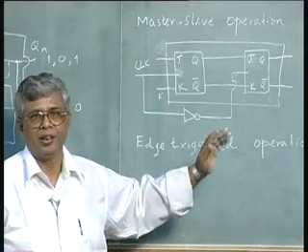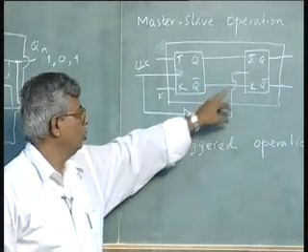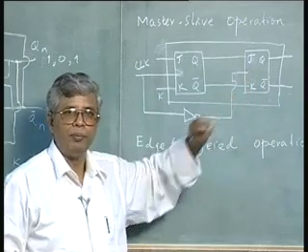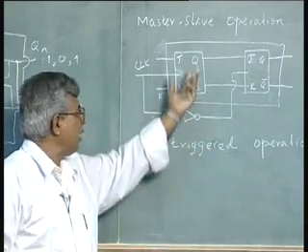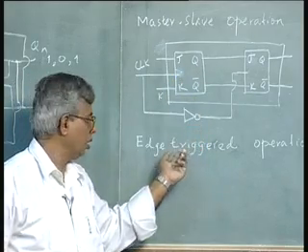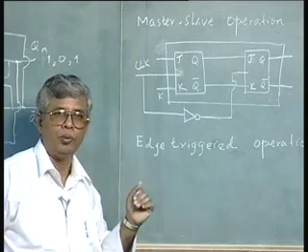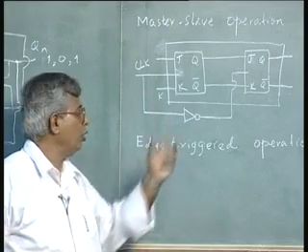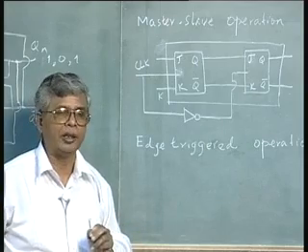That is the basic theory, which we achieved here by preventing the clock to the second flip flop. One other way of doing it is I will let any change in the input change the output only when the clock changes from 0 to 1 or 1 to 0. In between, even though the clock is high, any change in input will not affect the output. This is called the triggering operation, edge triggering operation.